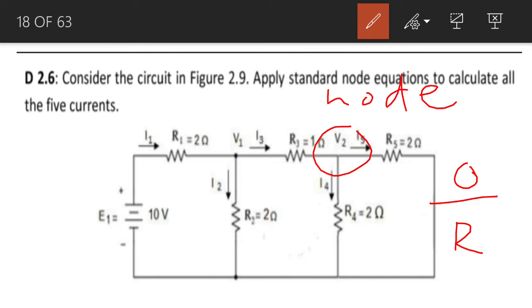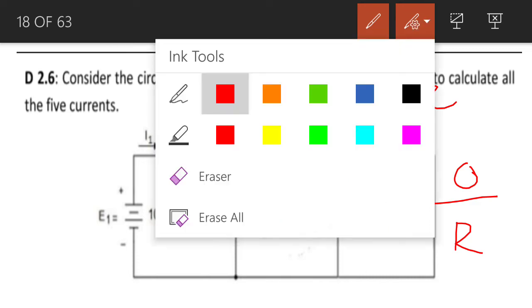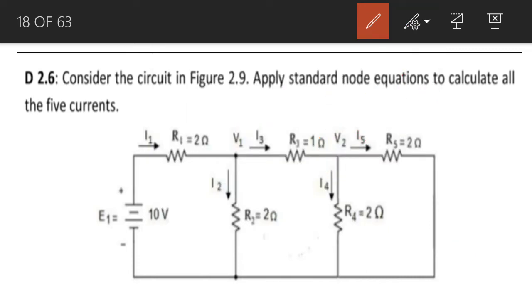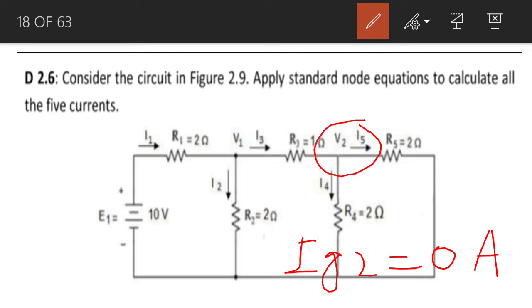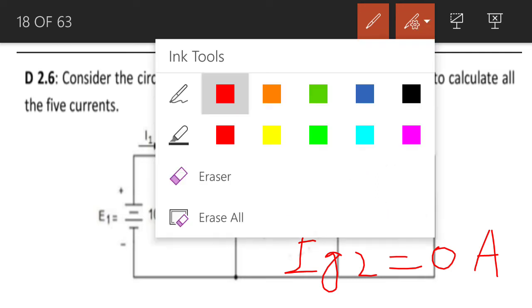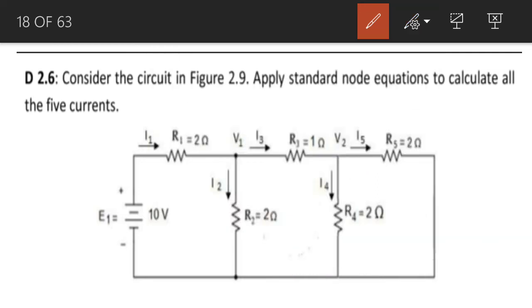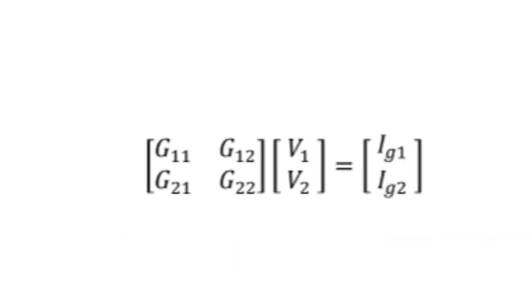So Ig2 will be equal to 0 ampere, because no voltage source or current source has been connected to the second node of the given circuit.